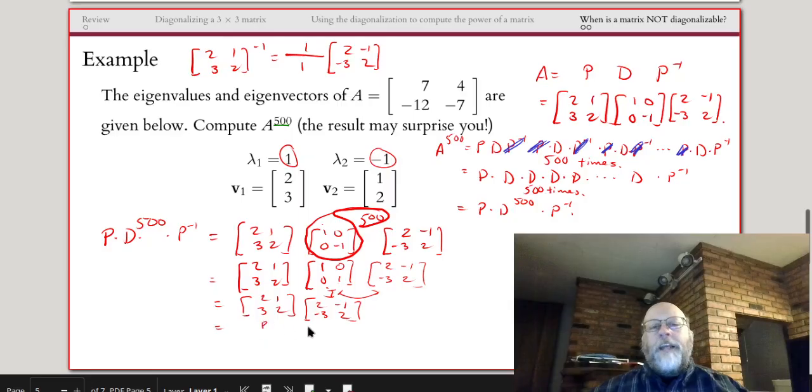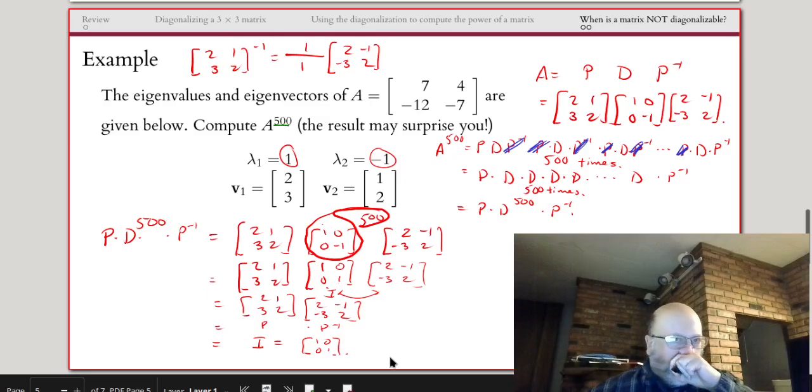But this is just P times P inverse, and any matrix times its own inverse is the identity matrix. So surprisingly, this matrix here, raised to the 500 power, gives me the identity matrix. That is the surprising answer, that this is a 500th root of the identity matrix.